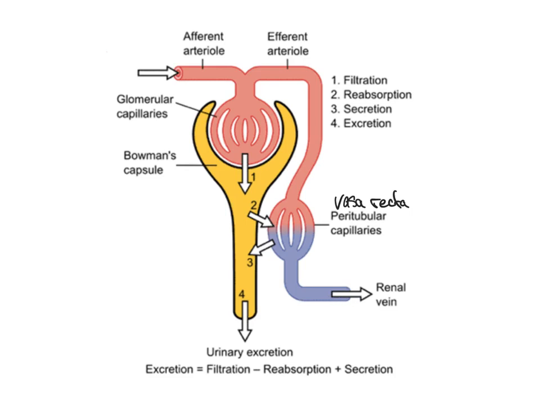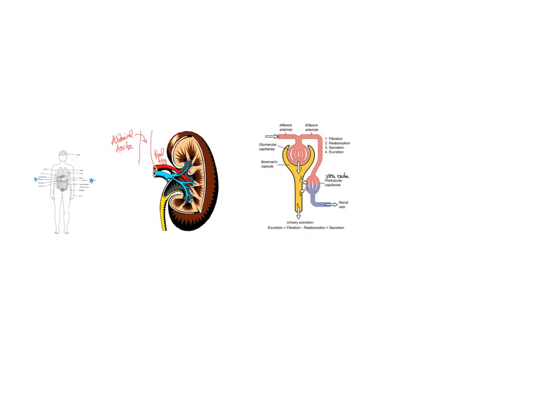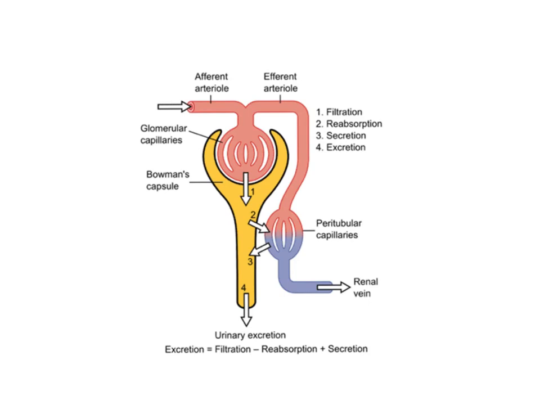This is going to be a pathway that you will need to learn and memorize as we will be working with this system over and over again. The afferent arteriole is responsible for delivering blood to the functional unit of the kidneys, known as the nephron. The efferent arteriole is responsible for taking the remainder of the blood flow that is not filtered and taking it into the peritubular capillaries.